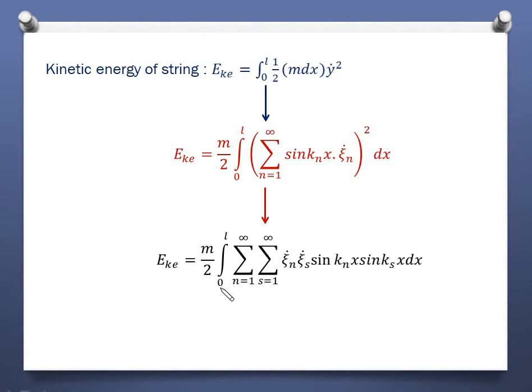So we have to integrate it. Now these two are only functions of t, while the integration is over x, so we don't need to bother about this. What we need to bother about are only these terms. So we have to integrate it and perform this summation.